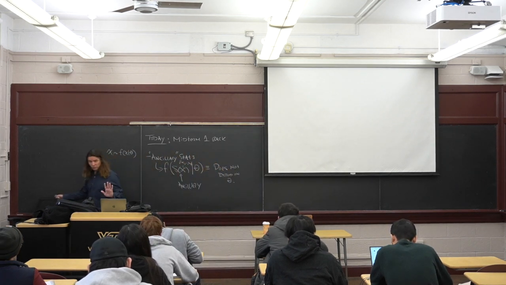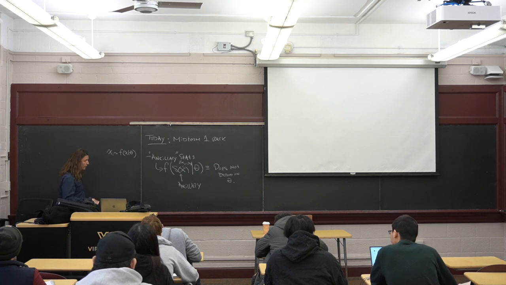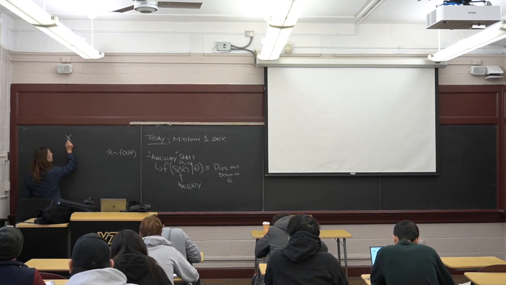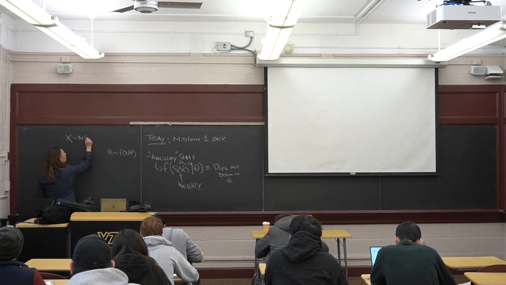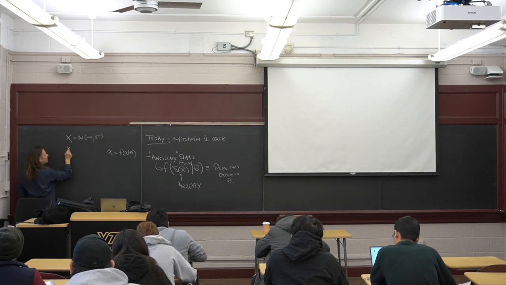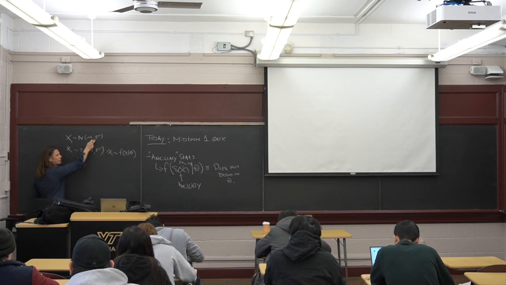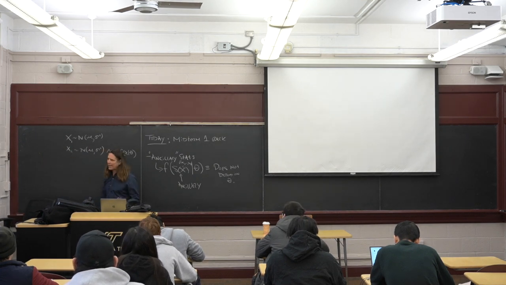Let me give you an example, just real quick before we jump into the midterm. So say x1 is distributed normally with mean mu and variance sigma squared. And let's say x2 is normal with mean mu and variance sigma squared. These don't actually have to be the same sigmas for this to work out.